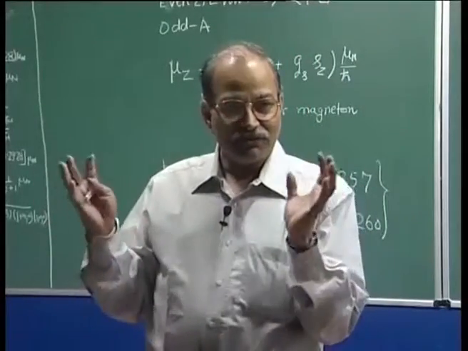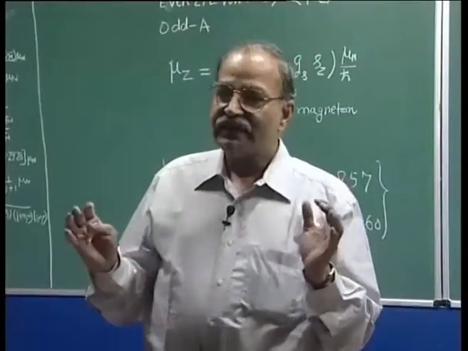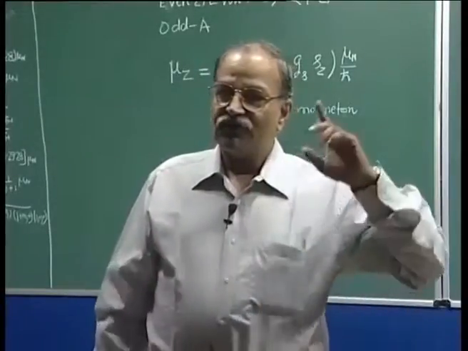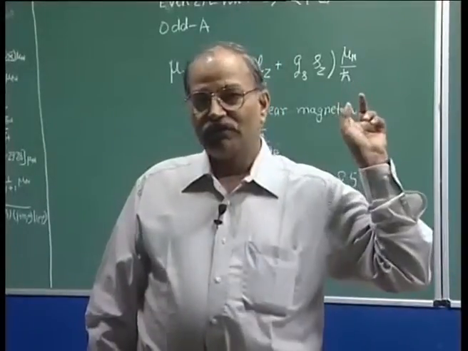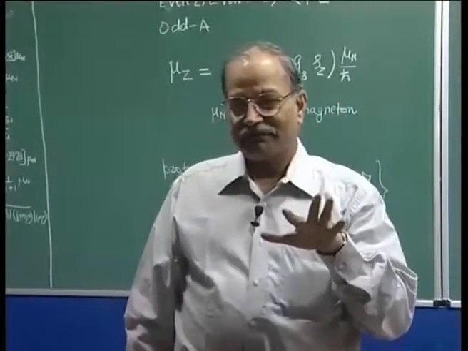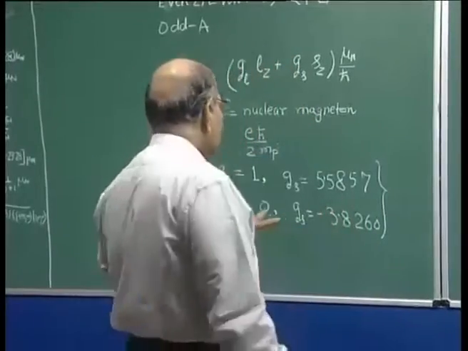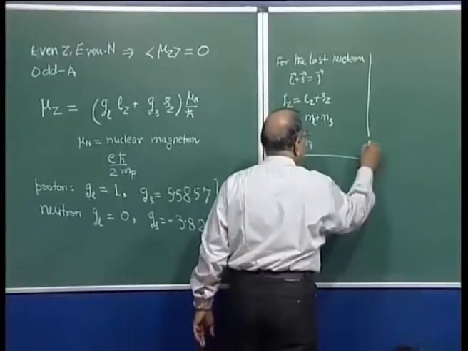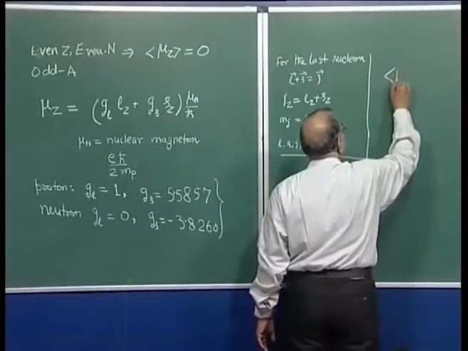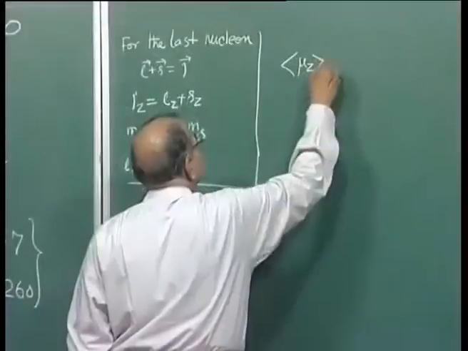So what you measure is an average value, and if you want to calculate and compare with the experiment, the calculation also should go for that average value. So, what we need is mu z, the expectation value of mu z or average value of mu z.